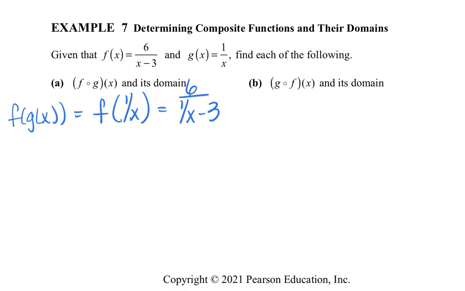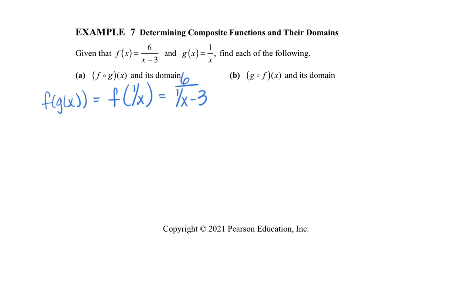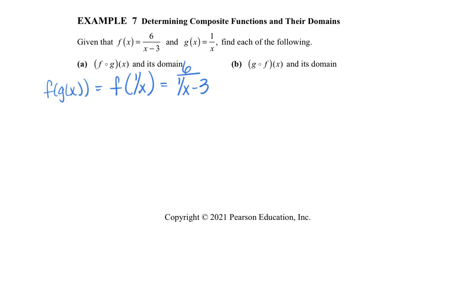So I want to clean this up a little bit. I'm going to pull back some elementary division because I know if you're not doing math all the time and you didn't come straight out of high school, some of these rules may or may not have slipped your mind. But I just want to go through them and make sure that everybody's good. So this is going to be a little side piece here. I have 6 divided by 1 over x minus 3 over 1.